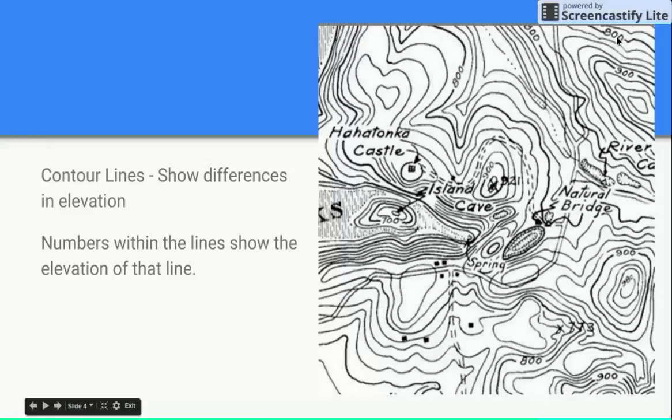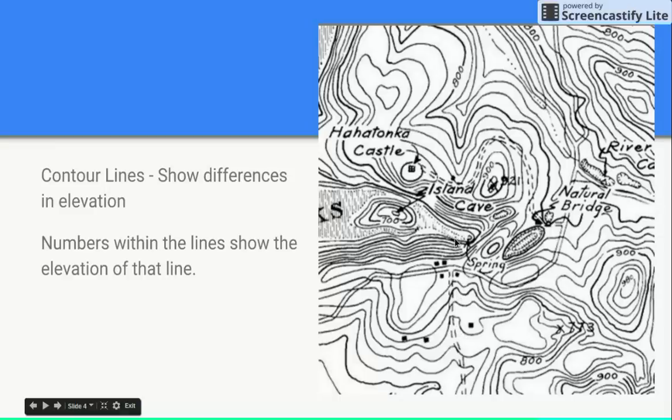So if I were to figure out what each interval would be, I know that 100 is the difference between 800 and 900, and there's 5 intervals because there are 4 lines in between, which must mean that each line or interval shows 20 feet or meters difference in elevation. So 800 to 820, 820 to 840, 840 to 860, 860 to 880, and then 880 to 900.